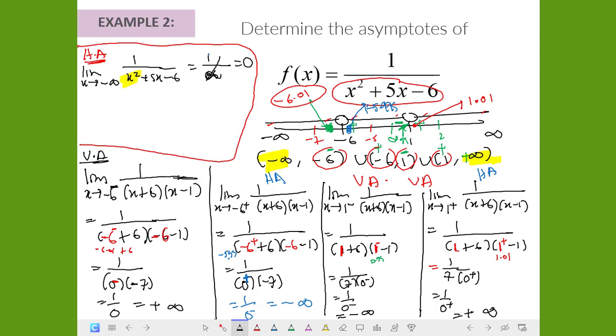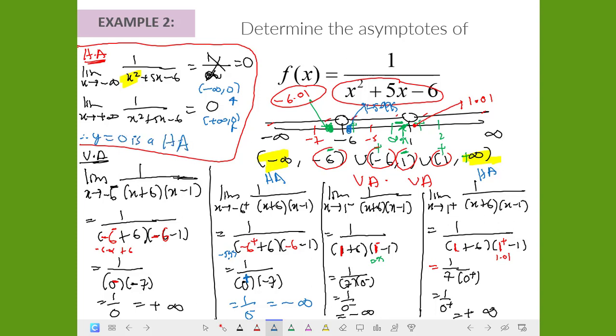Just write 0. Limit as x approaches positive infinity, this one x squared, also 0. 1 over a big number is equal to 0. If you want to check, negative infinity gives 0 and positive infinity gives 0. This is the y value. Therefore, y equals 0 is a horizontal asymptote.